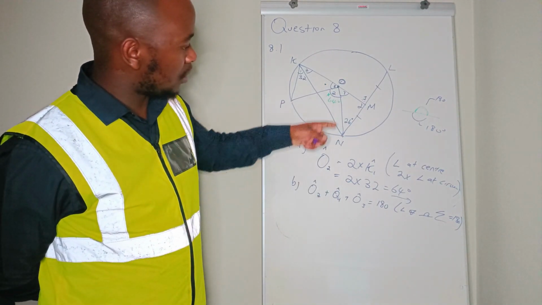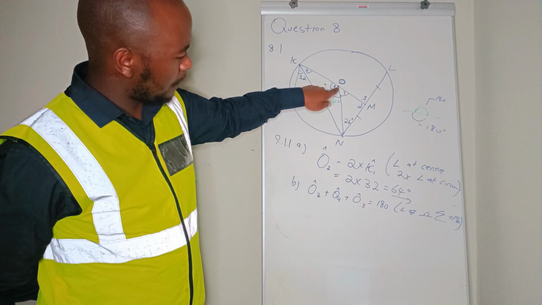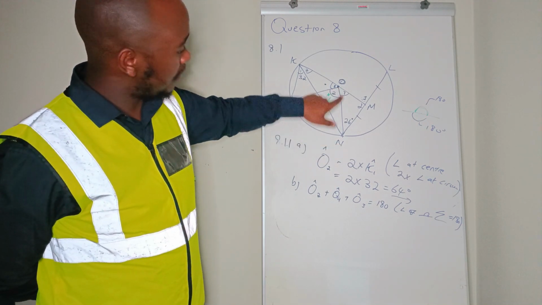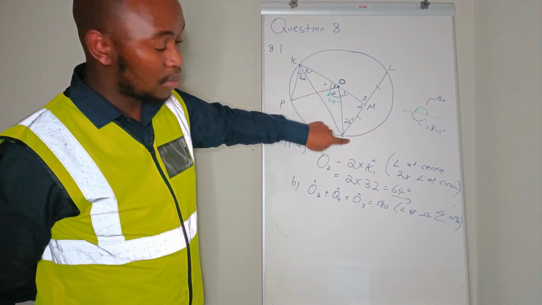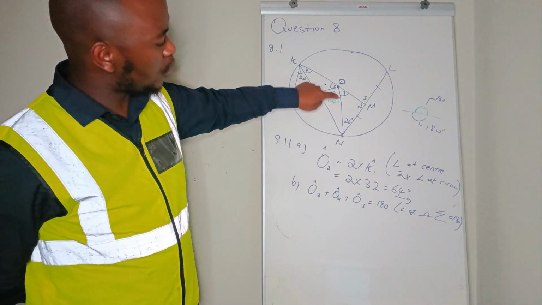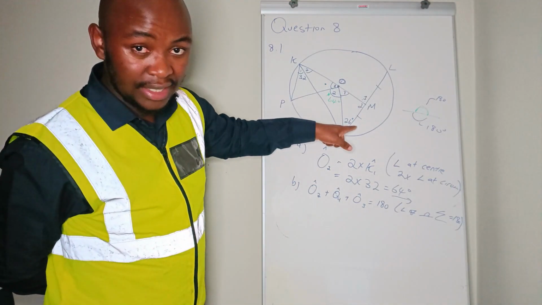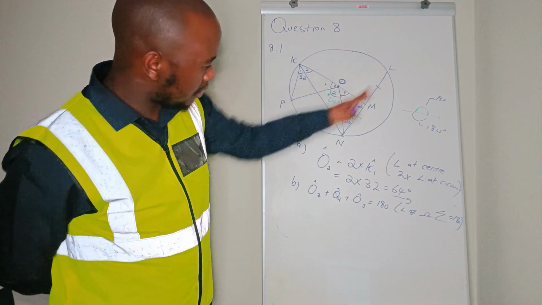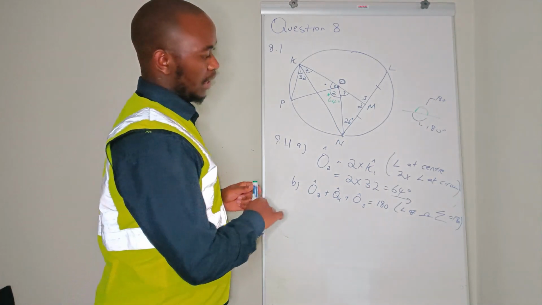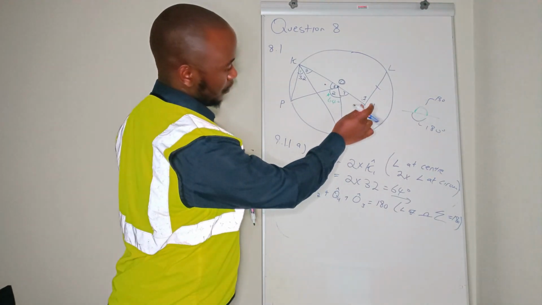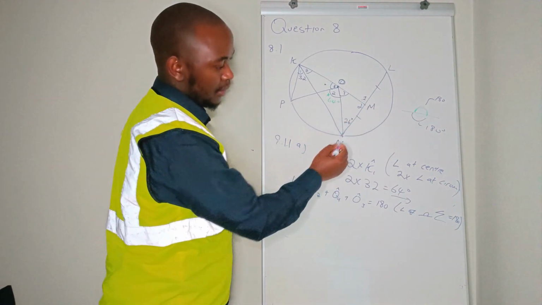And we know that because there's this ON line, that's a radius, it starts from the center to the circumference. And we've also been told that this line, KOM, ends on that line, LN. And also know that this is one line and it's divided. So we have some sort of a triangle in here, which is OMN.